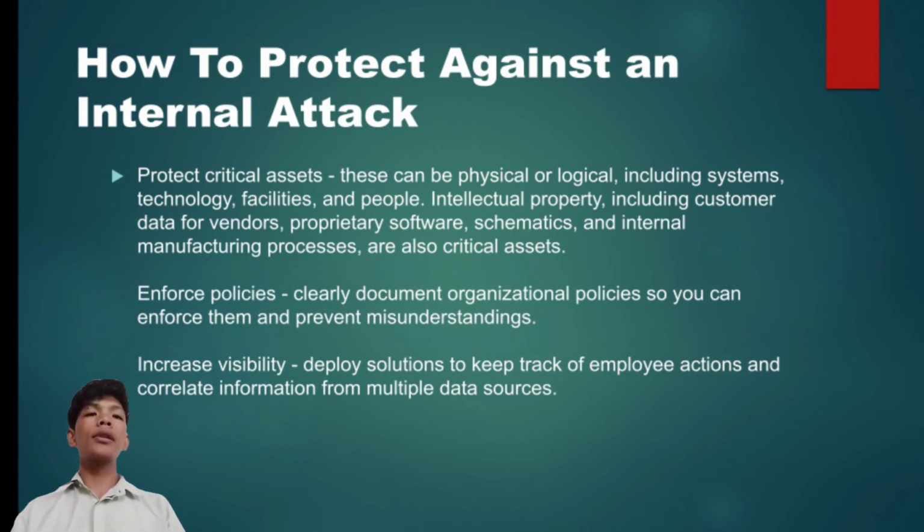And enforce policies. Clearly document organization policies so you can enforce them and prevent misunderstanding. Increase visibility. Deploy solutions to keep track of employee actions and correlate the information from multiple data sources.